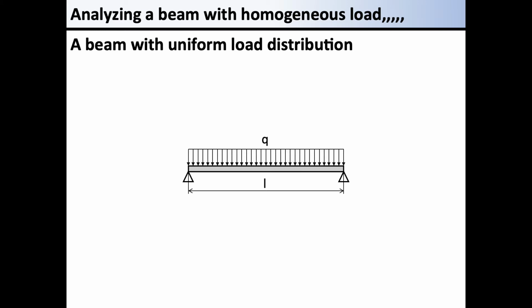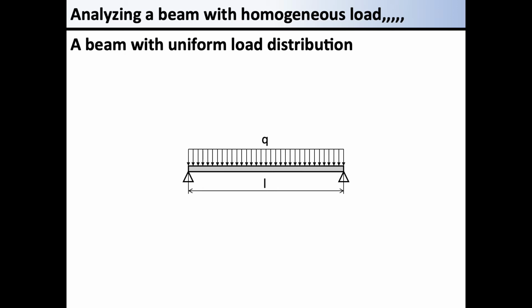In this problem, a beam of length L is subjected to a uniform distribution of a load. Now, we are arguing about the uniformly distributed load. The unit of magnitude of the load in the previous problem is Newton.